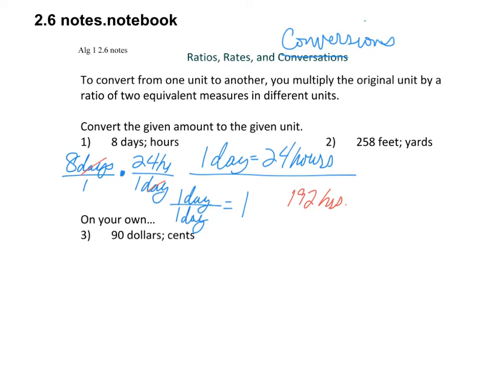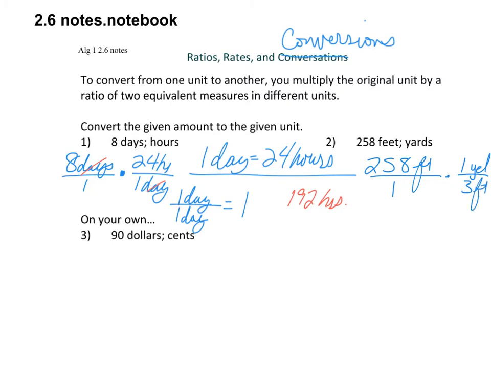All right, for number 2, we've got 258 feet. That's our given information, and we want to convert that into yards. In 1 yard, I have 3 feet.